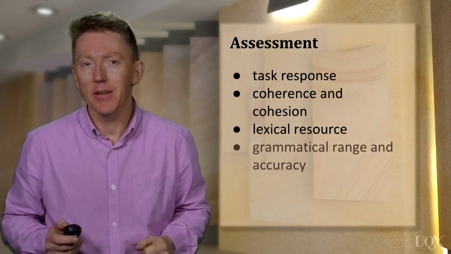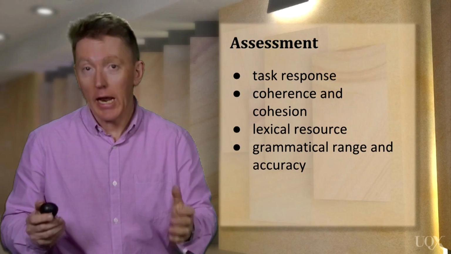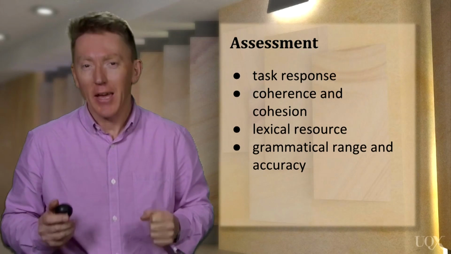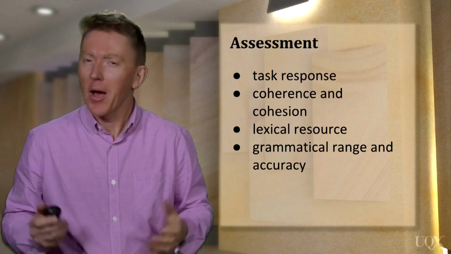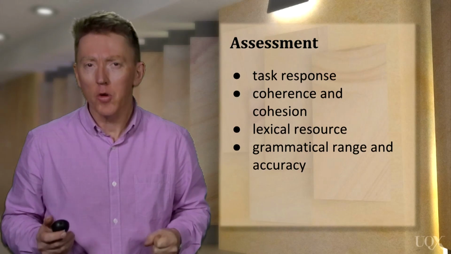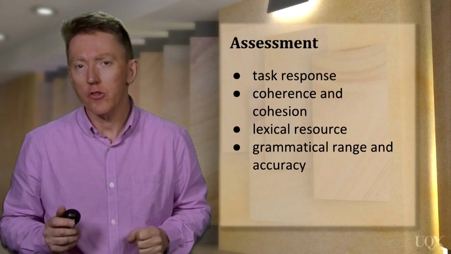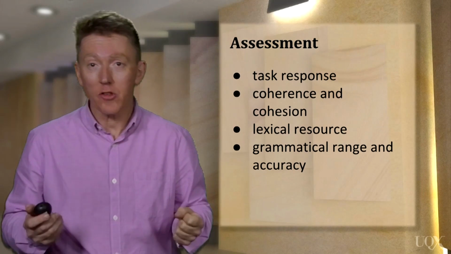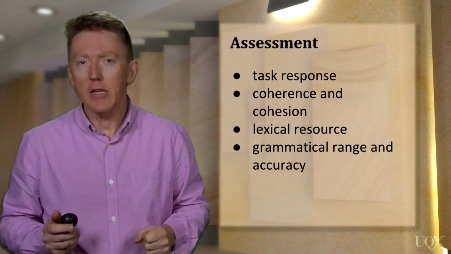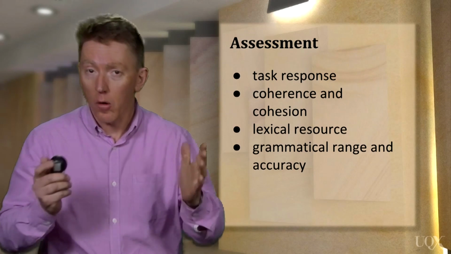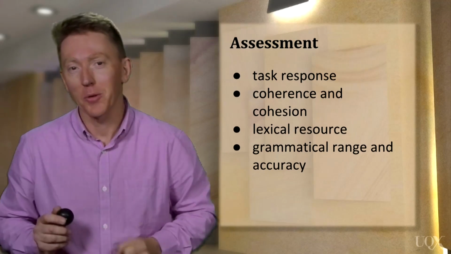And finally, grammatical range and accuracy, or how well you can use English grammar. We've talked a little about the first 2 areas here. That is, how to answer the question and how to organise your essay. So now, let's briefly look at what the examiner is looking for in terms of your grammar and vocabulary.